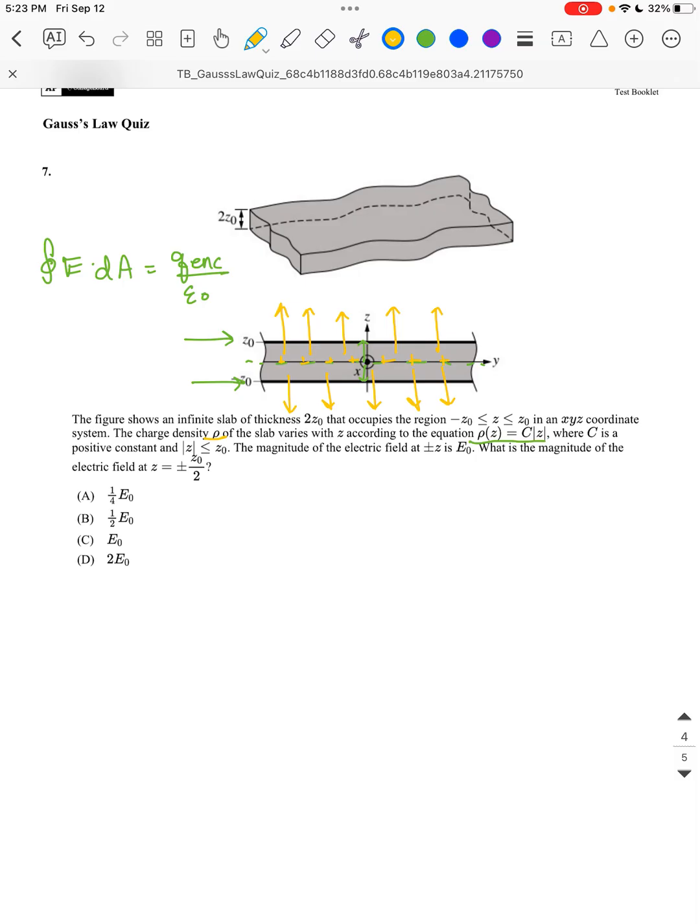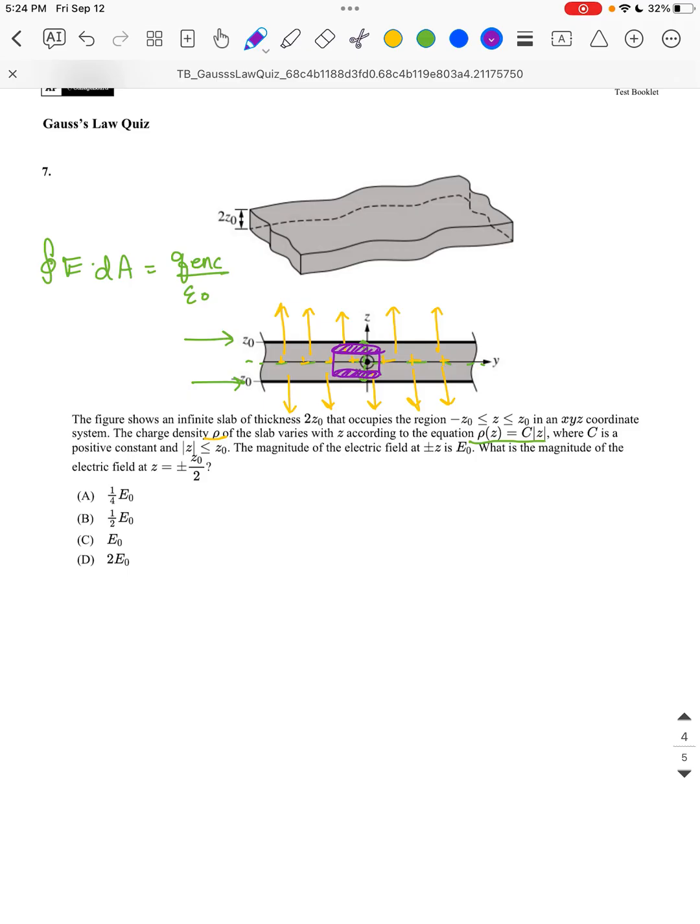Now we want to create a Gaussian surface that has a flat surface perpendicular to those electric field lines. And so the best surface to do that would be a cylinder. But we would use the pillbox part of the cylinder, where the area that we need to analyze is the top and bottom of that cylinder, or the ends of the cylinder.